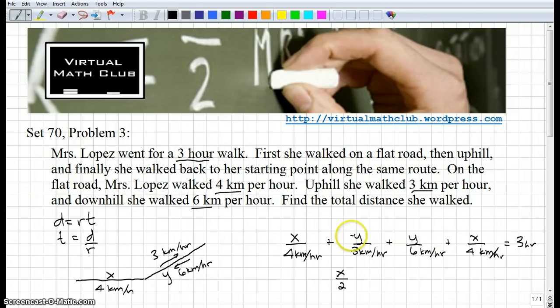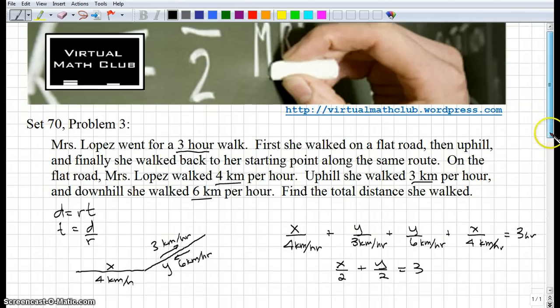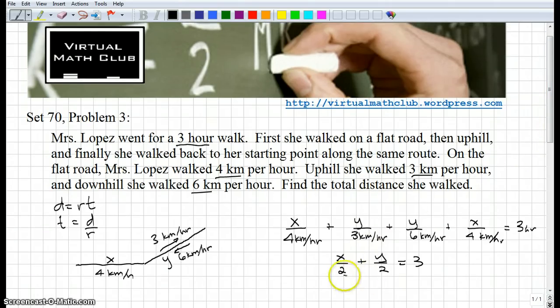I can write this as 2y over 6 plus 1y over 6, so that's 3y over 6, which is just y over 2, because 3 over 6 is a half. Then finally that's equal to 3. Now we're getting to something more manageable. Let's multiply through by 2, so we get x plus y is equal to 6.